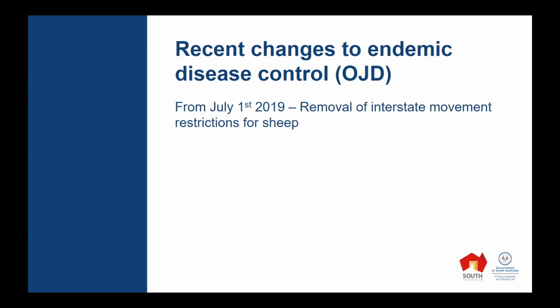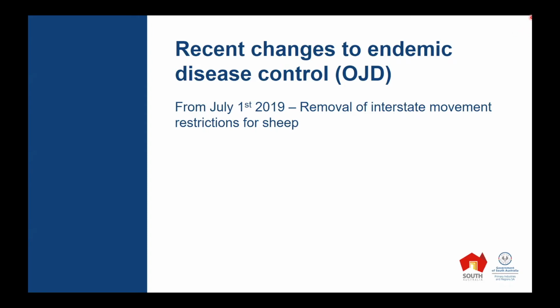The changes that have been in the media this year relate to the removal of interstate movement restrictions. Previously, because we ran a pretty vigorous disease control program and our neighbouring states were not, we had restrictions on sheep coming into the state, so that sheep that did come in were up to the same standard as South Australian sheep.